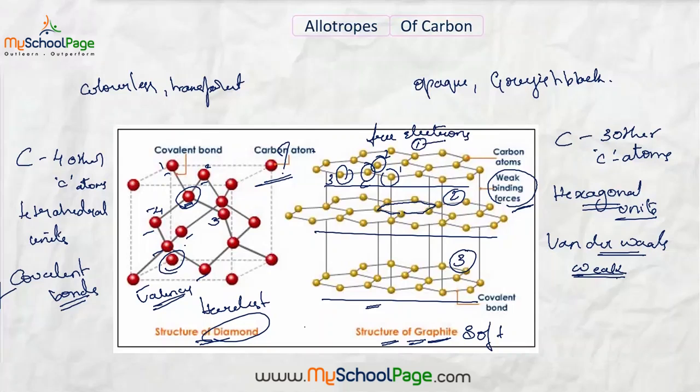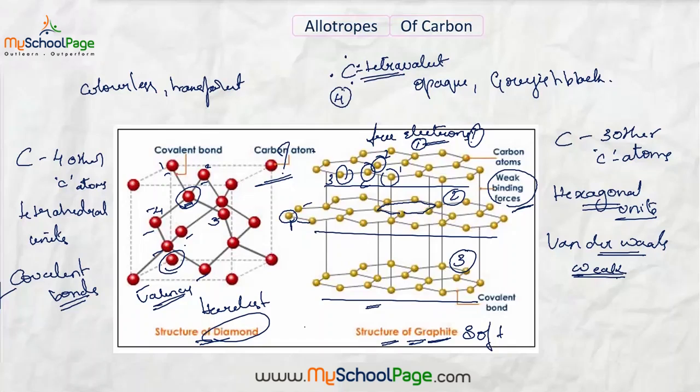Now, where do these free electrons come from? There are only 3 bonds formed by carbon atoms in case of graphite. And there is one more valency to be satisfied. Recall that carbon is tetravalent. Yes, it is tetravalent. So it has 4 electrons.